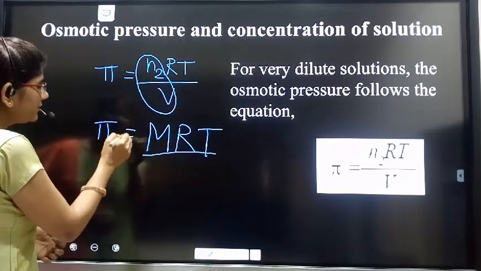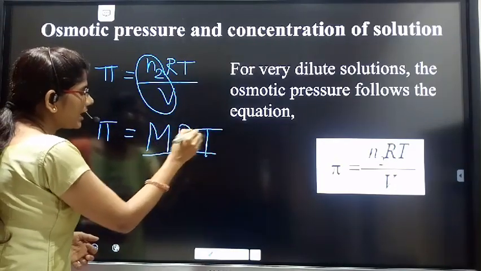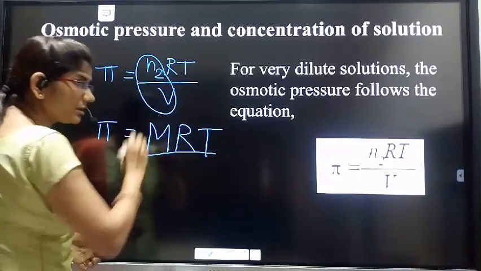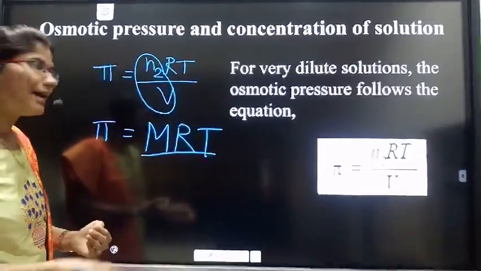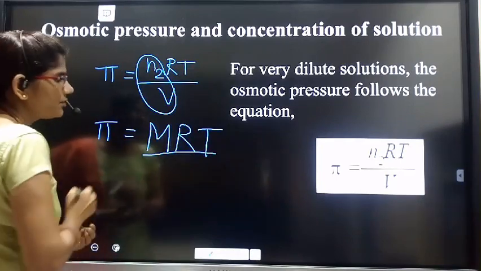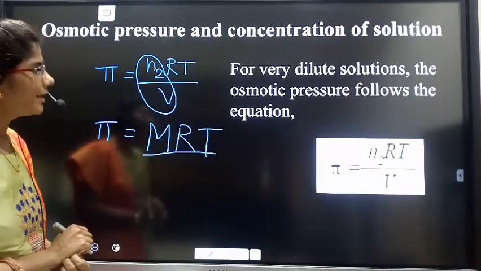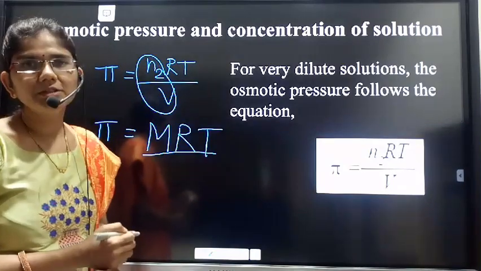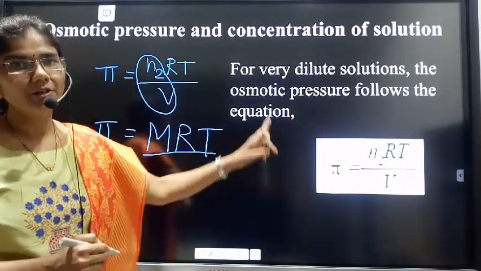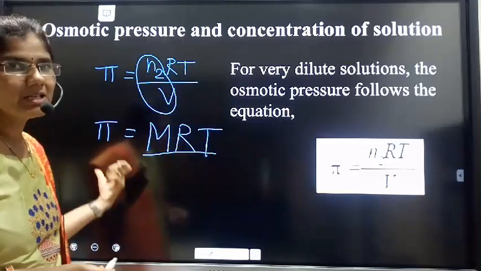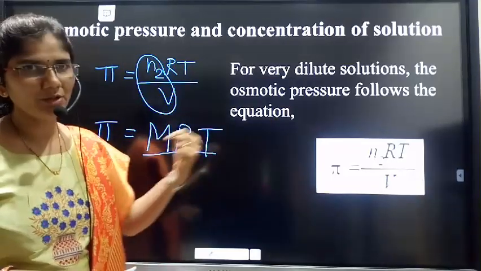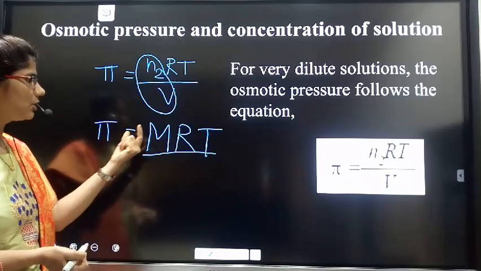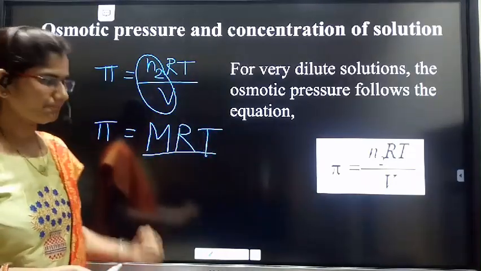Therefore pi is equal to capital MRT, where R is the gas constant and T is the constant temperature, and therefore N2 upon V is equal to M. It is called the molarity of the solution. So for a very dilute solution, pi is equal to N2RT upon V, or if we simplify that, we get pi equal to MRT.